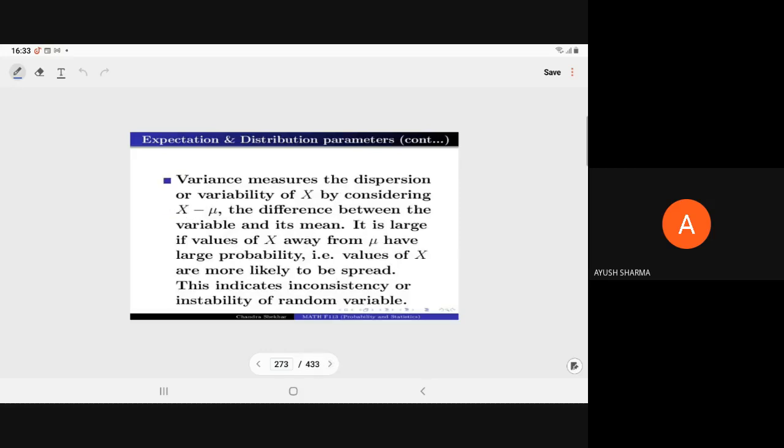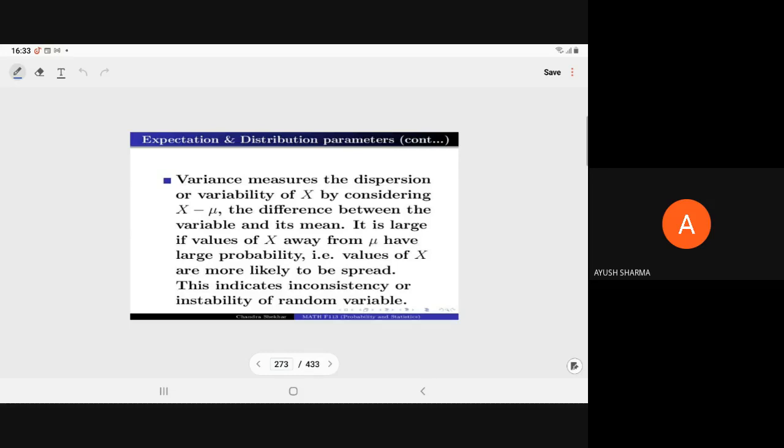So variance measures the dispersion or variability of x, considering x minus mu, the difference between the variable and its mean. It is large if values of x away from mu have a large probability, that is, the values of x are more likely to be spread out. If the difference is large, we say observations are spread out.